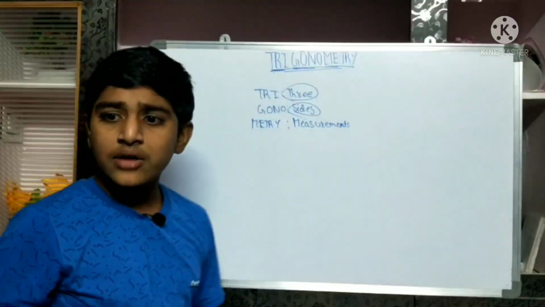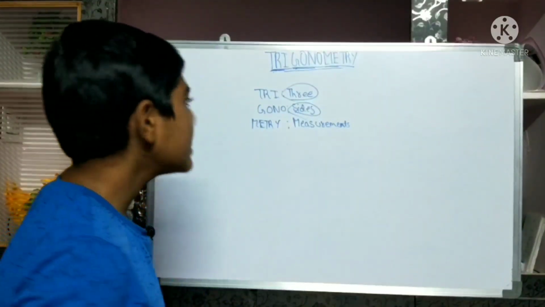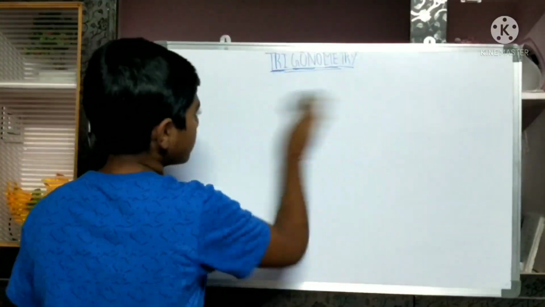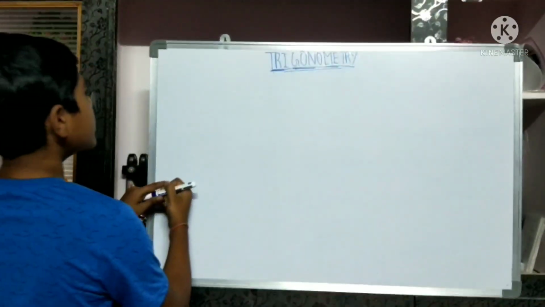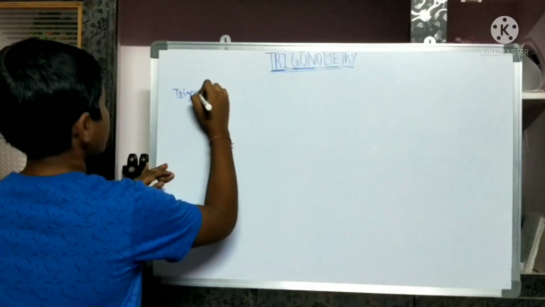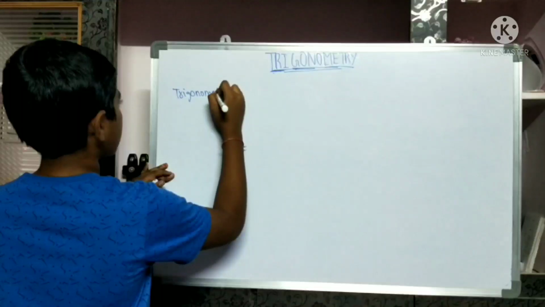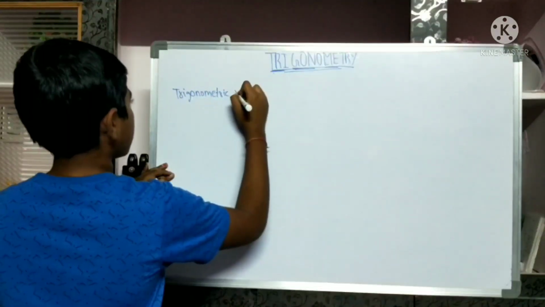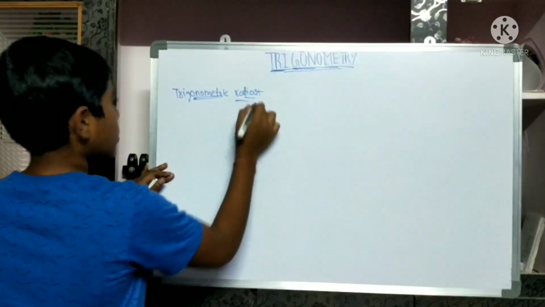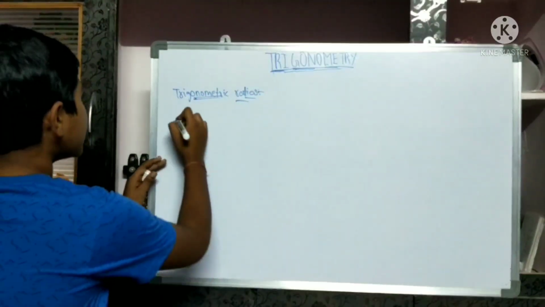So first here we will learn the trigonometric ratios. First, let us draw a right angle triangle.